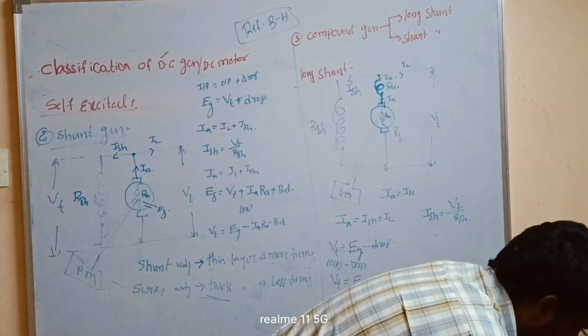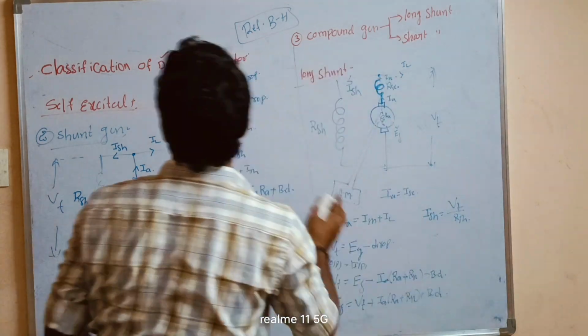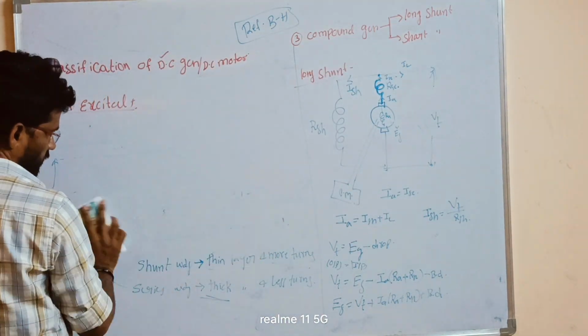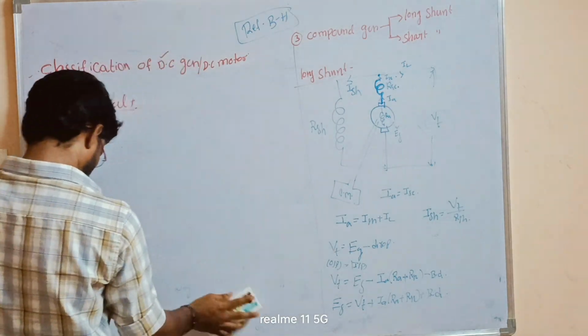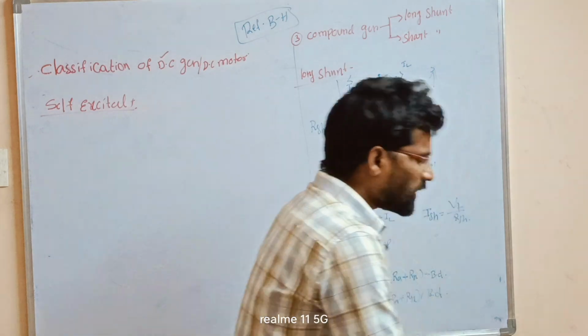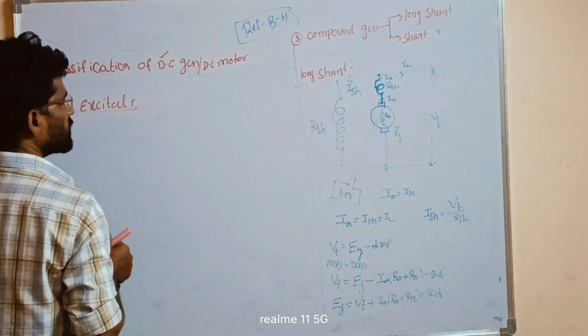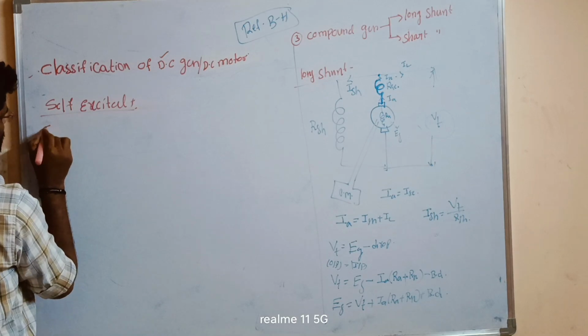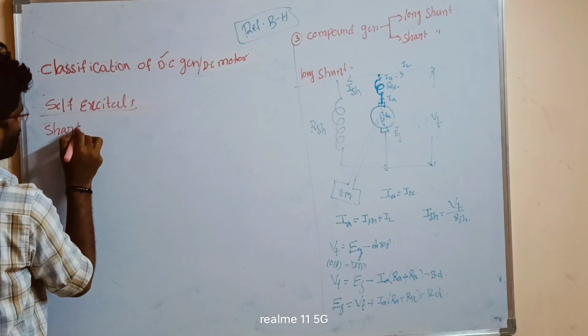Again, we can write the other one, the short shunt generator. The short shunt generator is similar to the long shunt. What is the difference between the long shunt and short shunt? We can observe the short shunt.